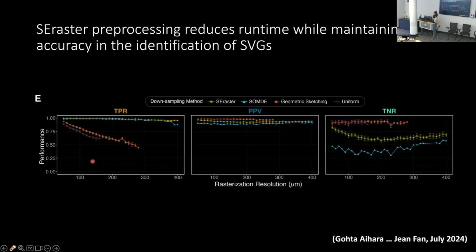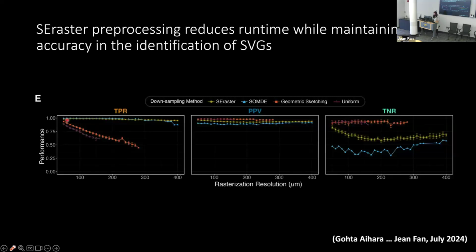And when we compare this to other downsampling approaches like geometric sketching, we see that if we had just downsampled using geometric sketching to the same number of pixels that we would have gotten through SEraster preprocessing and aggregation, these downsampled data sets, when we look for SVGs using the downsampled data, we generally see a drastic decrease in the true positive rates.